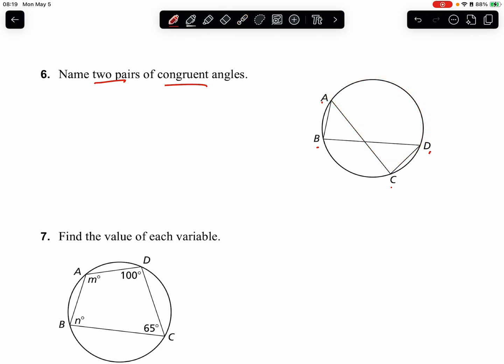Oh, so that means angle B is congruent to angle C. And then there's one more pair. Do you see them? Angle A captures arc BC, and angle D also captures BC. So angle A is congruent to angle D. And you may want to mark them.